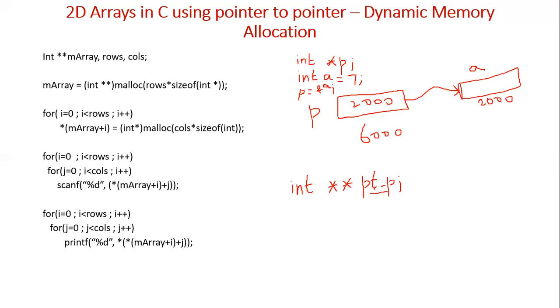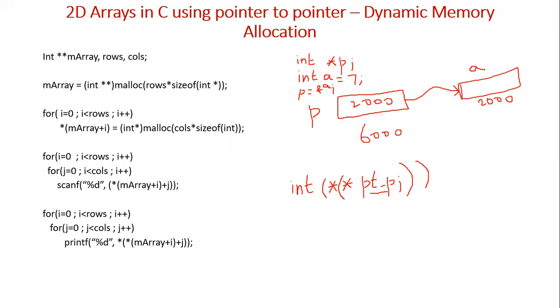If you want me to be clearer, if this outer star is not there, then it means that this is a pointer to an integer. It is as simple as that. Now there is one more star. So when there is one more star, it means that this is a pointer which can point to another pointer, and that pointer can point to an integer. So that is the meaning.